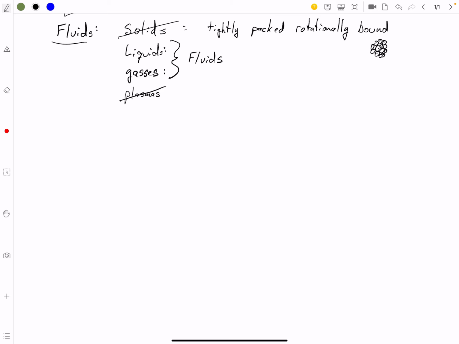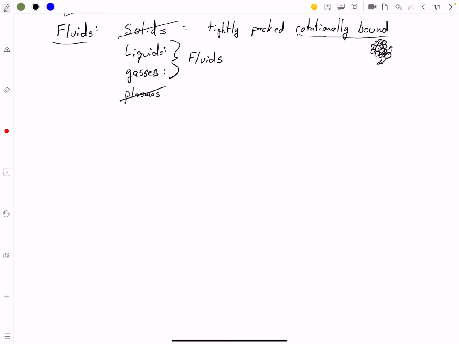They can't move about. So if we take another one and put it right here, it can't roll that way, it can't roll that way. When we put it there, it stays there. So they're rotationally bound. It can't move about the solid.